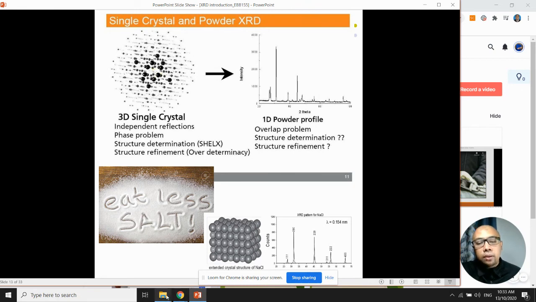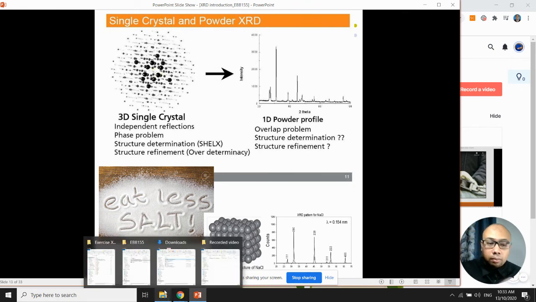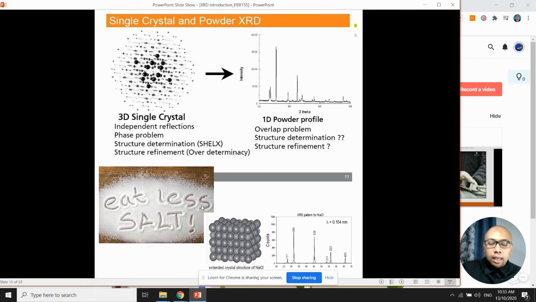To make it clearer, I give you a simple example. Everybody loves to eat salt, but remember, don't take too much salt when you eat, because it may harm your health later on. What is the chemical formula of salt? Sodium chloride, right?